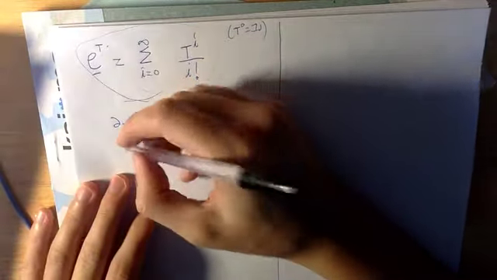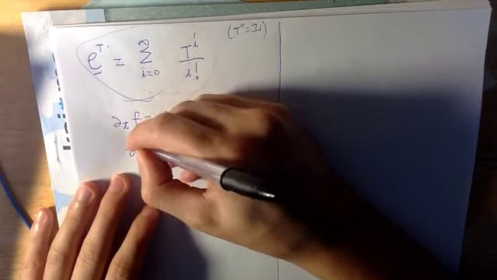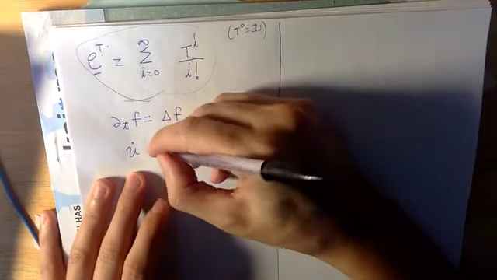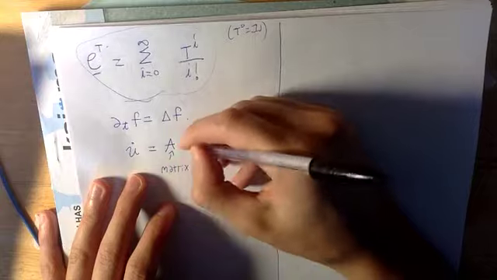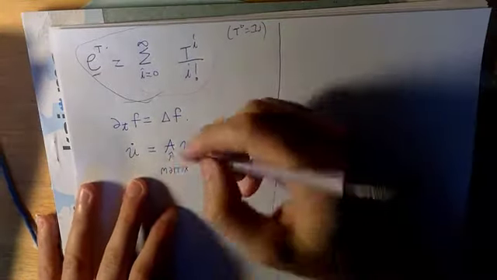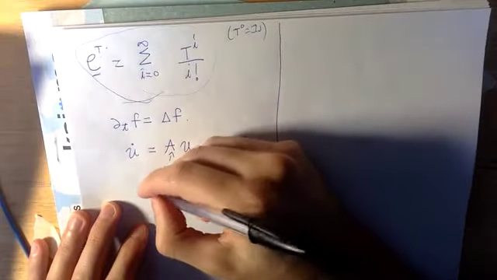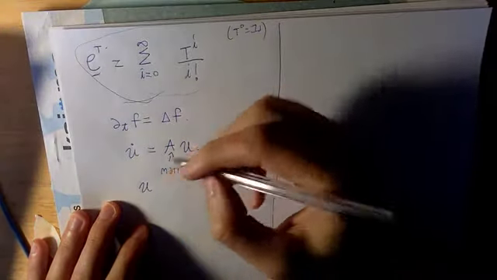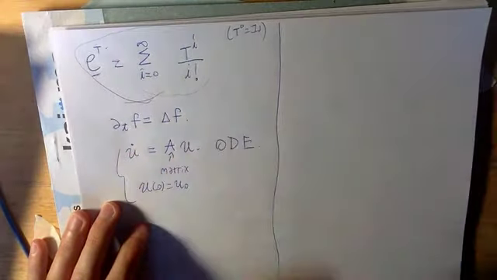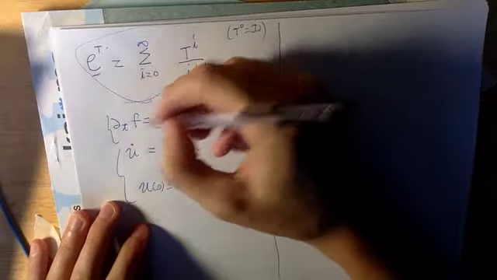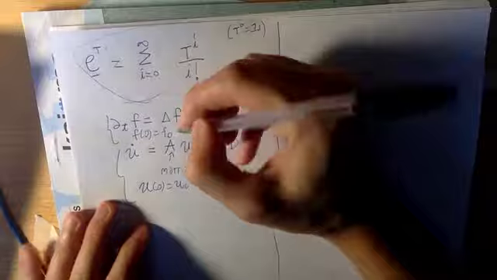This is similar to having an ODE for a vector, u dot is equal to a matrix times u, and let's say we have u of 0 is equal to u naught. Here I was saying dt of f is equal to the Laplacian of f, and f of 0 is equal to f naught.